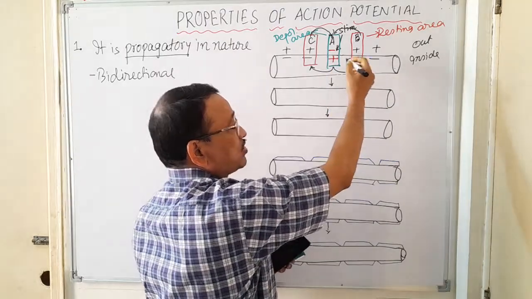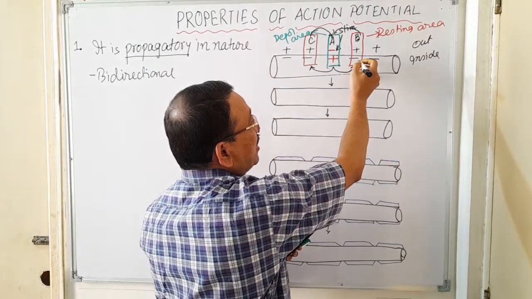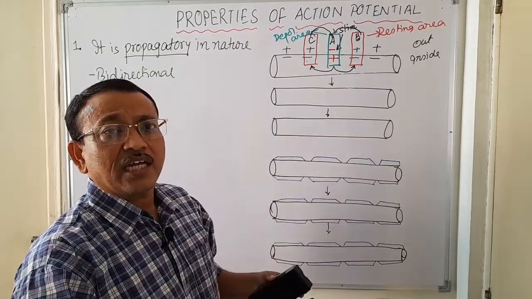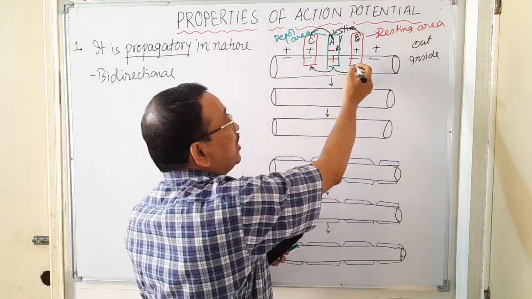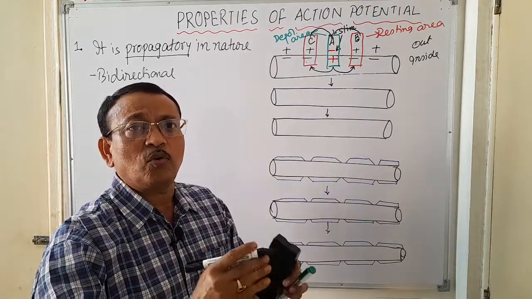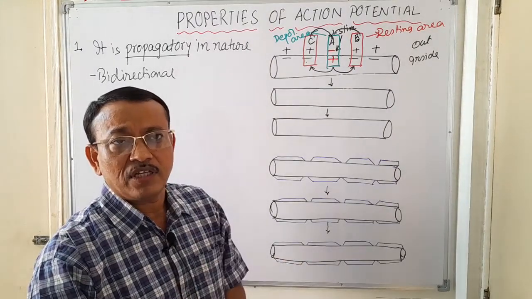As a result, what happens? After some time, the inside of the membrane at point B and point C will have its electronegativity decreased up to a threshold intensity, up to a firing level or critical level.